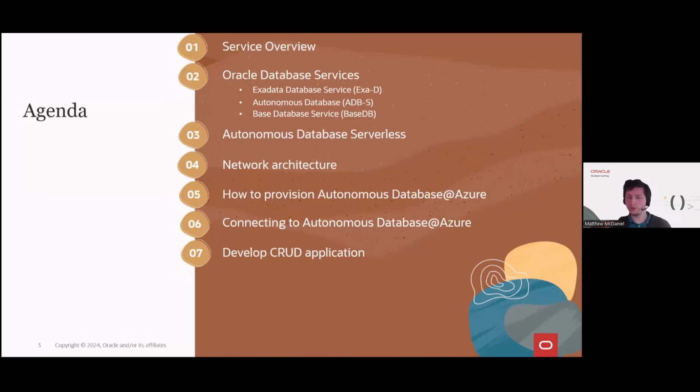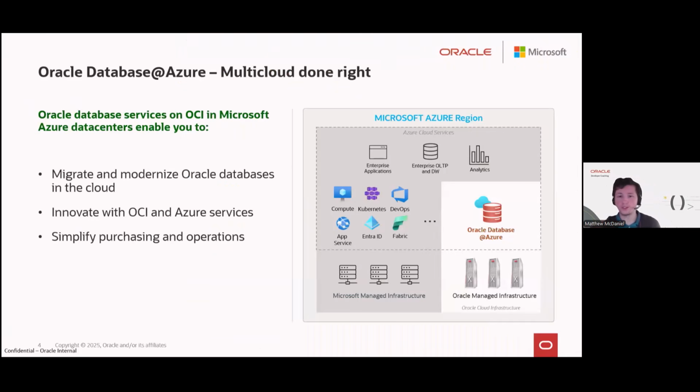We're going to dive a little bit deeper into Autonomous Database at Azure and talk about how the architecture is set up. Then we're going to go into a demo showing how to provision your own ADB at Azure, how to connect to this ADB, as well as how to develop basic CRUD applications for your ADB. So first, let's go into what the service is.